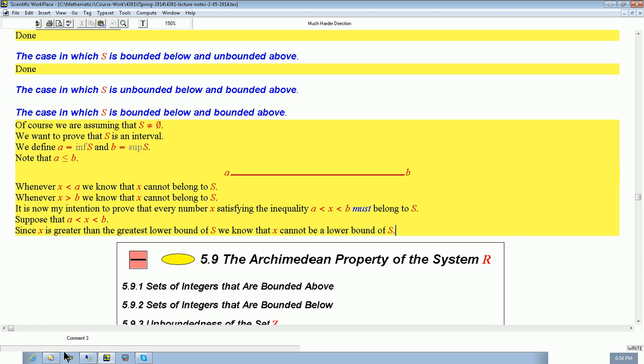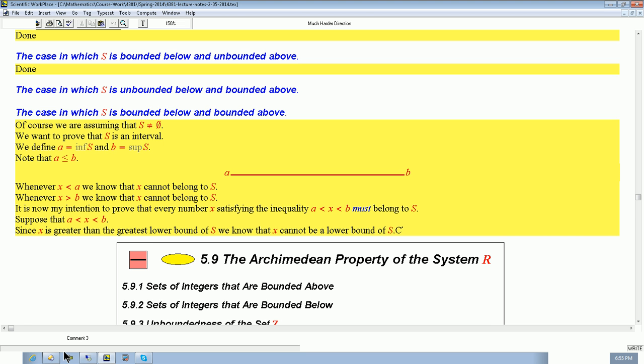It means there exists a number in the set that is less than X. And when something exists, the next word in the proof is choose.